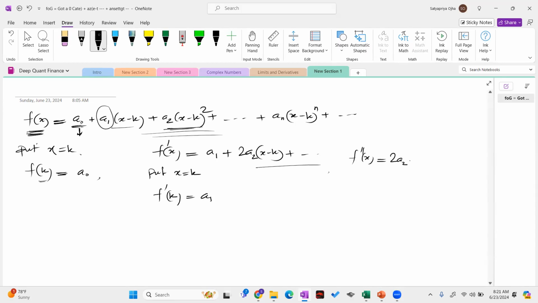Plus the next term, I'm doing it in one shot, okay? 3a3 square, then 6a3 (x minus k). Right? And then you put x equal to k, you get f double dash k is equal to 2a2. So a2 is half f double dash k.